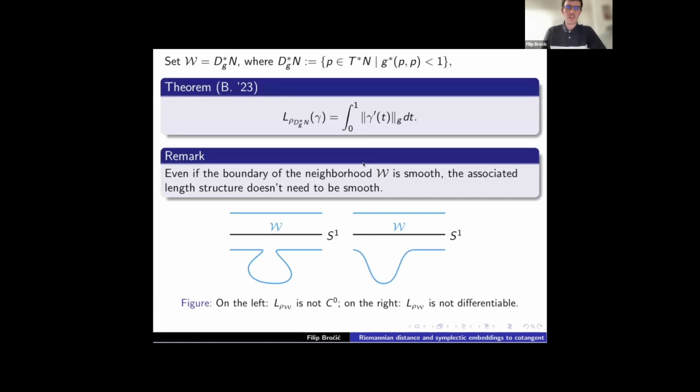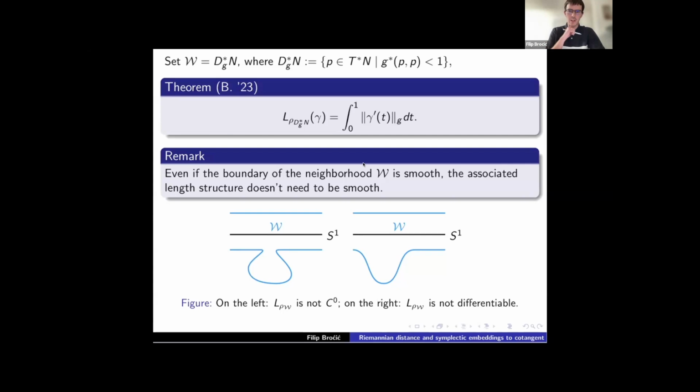So in a way, this is very particular for Riemannian metrics. Here I'll give two examples where the length structure is either not continuous or not differentiable. When we have a Riemannian length, the length is continuous with respect to the C1 topology on the space of paths.